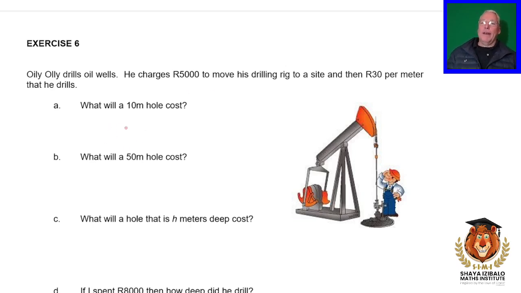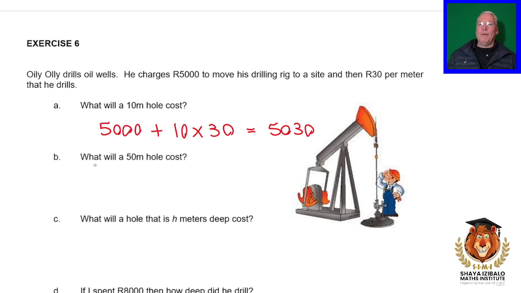We're going to write it down in terms of the sort of thinking. So there's 5,000 Rand, that's a fixed cost. And then we're going to take the depth of the hole times the cost per meter, so 10 times 30. Right, that comes to 5,030 Rand.